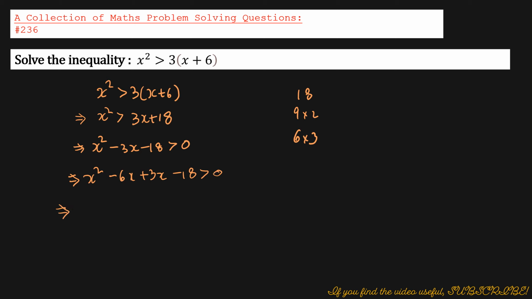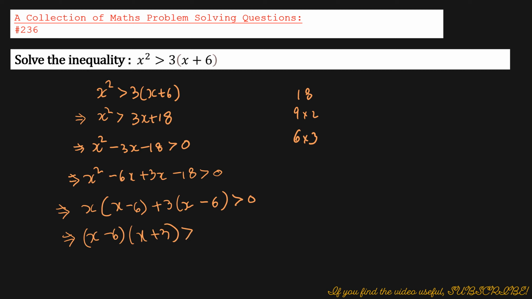And that would imply x outside the bracket, x minus 6 plus 3, and that would then inside is x minus 6 again, because plus 3 times minus 6 gives you minus 18, and that is greater than 0. That would imply x minus 6 times x plus 3 greater than 0.